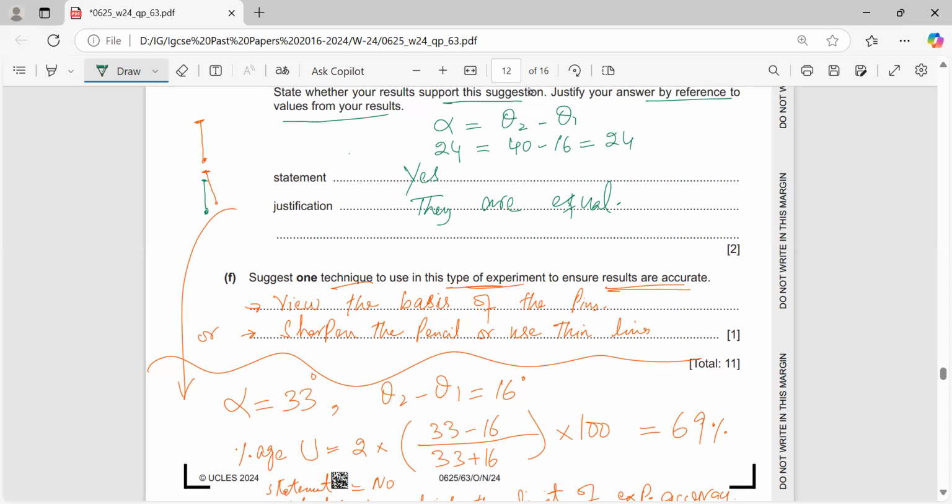So keep one arm distance, that's what I wrote up somewhere, that there should be at least 5 centimeters apart for the pins. Distance should be at least 5 centimeters to get more accuracy in your measurements. And you should not see from the top. Always view the pins from the bases. If the base is in line, it means the top will also be in line.